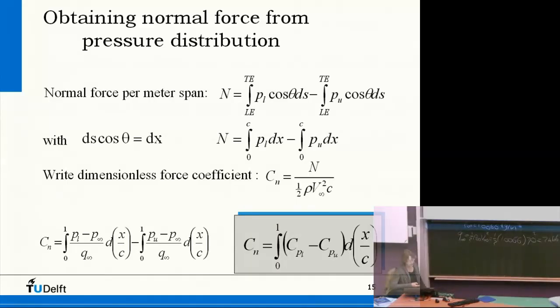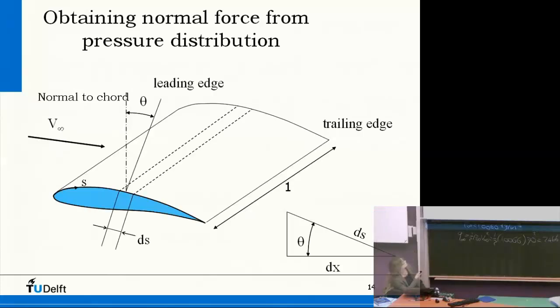Now, what is the normal force actually per meter span on this thing? So suppose we're interested in the overall normal force. That's the contribution of all these to the normal force in that direction, plus the contribution of the normal force of all these in that direction. Now, the normal force of all these is probably close to that direction. However, this one is in the other way.